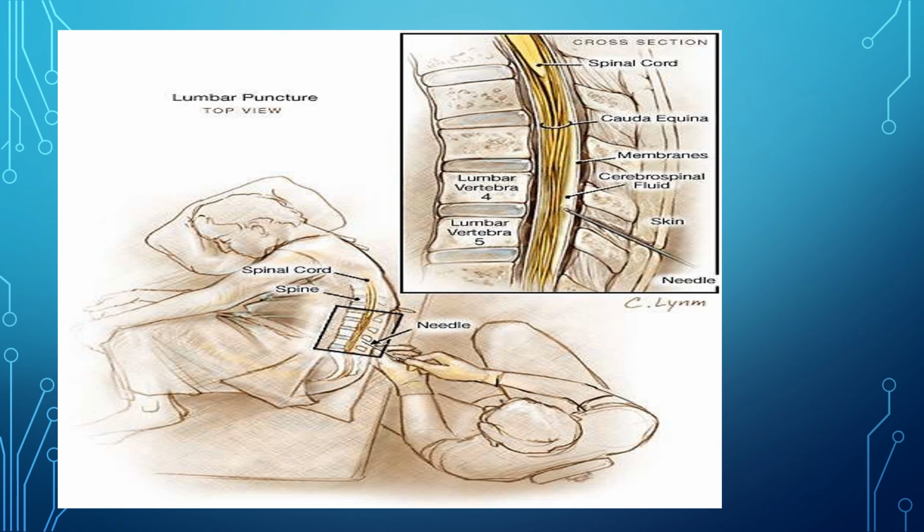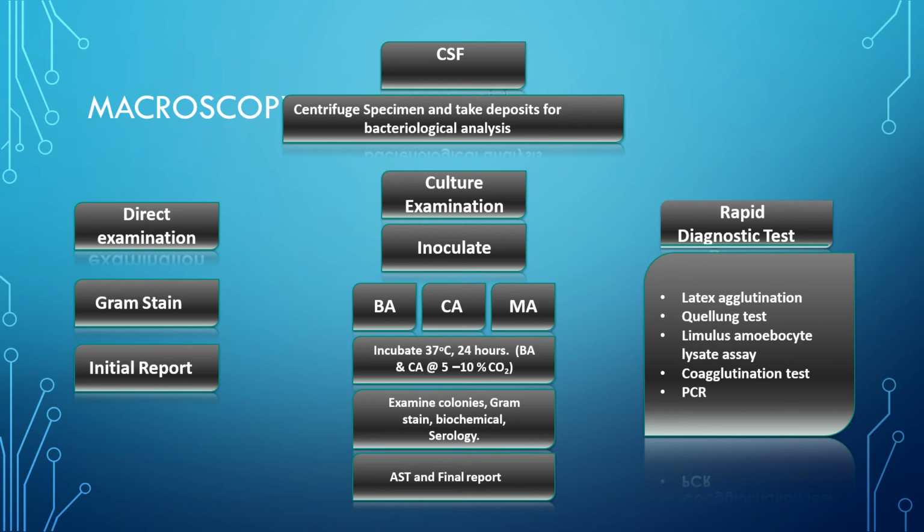Rashes may also develop. This slide shows the collection of a sample, the cerebrospinal fluid, by a well-trained physician from an infected individual. Once the CSF has been collected, it is further processed for bacteriological analysis. First the sample has to be centrifuged, and the deposits are taken for analysis.